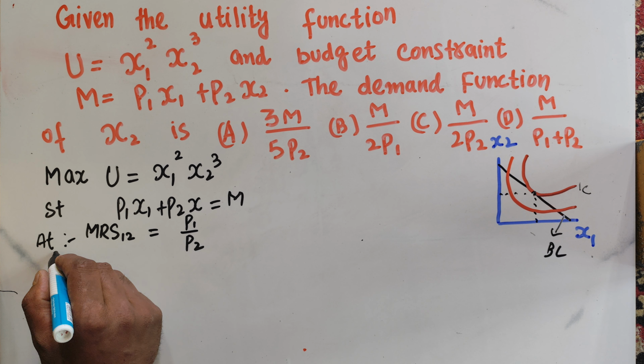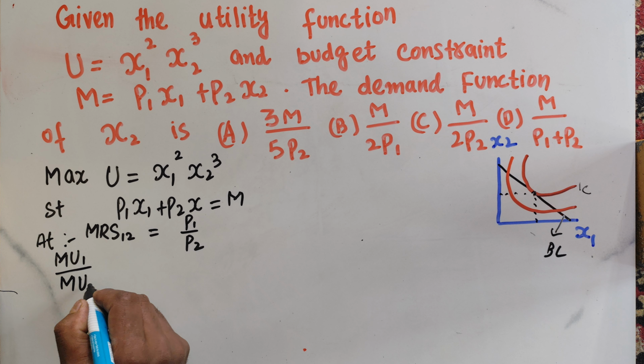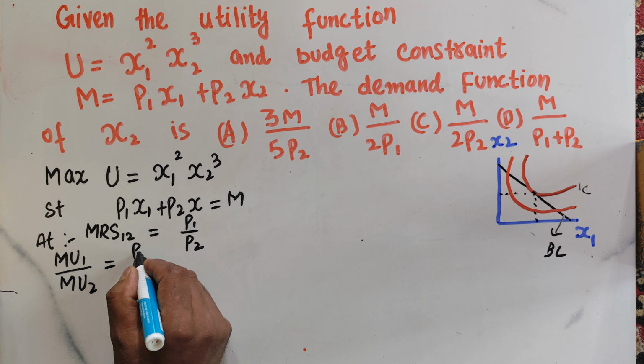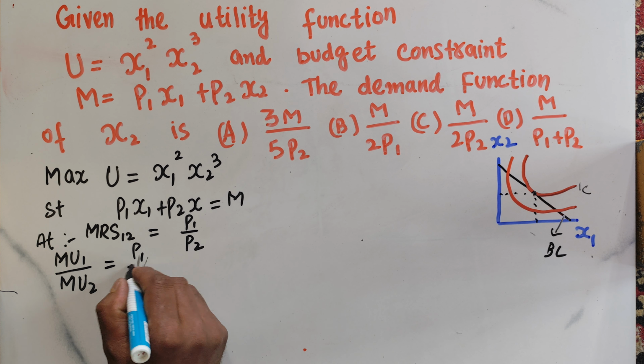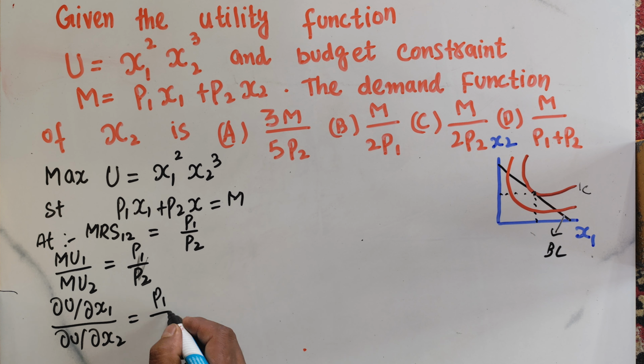MRS is simply the ratio of the marginal utility of good 1 upon the marginal utility of good 2, and it should be equal to the price ratio P1 upon P2. Marginal utility of good x1 means the change in the utility due to the change in the consumption of good x1. Similarly, MU2 means the change in utility due to the change in the consumption of good 2.